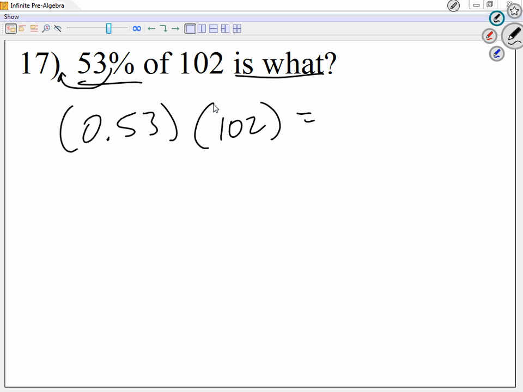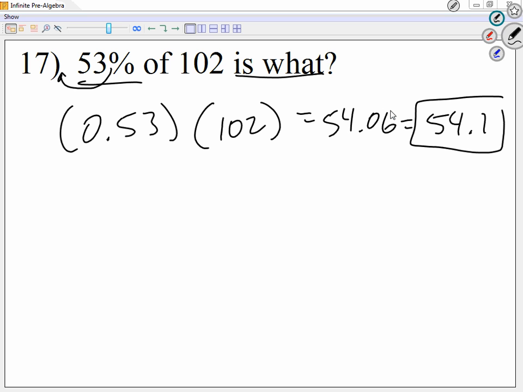So again, my calculator, 0.53 times 102. The calculator gives me 54.06, so I'm going to call this 54.1. Because the 6 was big enough, it made my 0 become a 1.